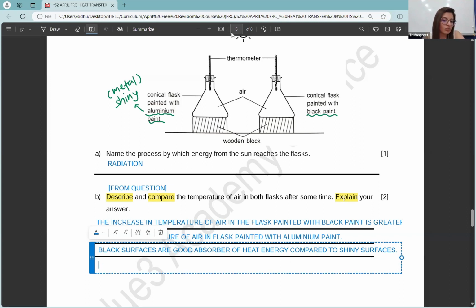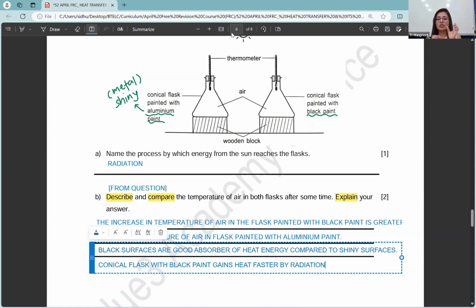So because of this, we know that the conical flask with the black paint gains heat faster by radiation. I say clearly, by radiation, because you are gaining heat from the sun. Then of course, by conduction, it will transfer to the air.